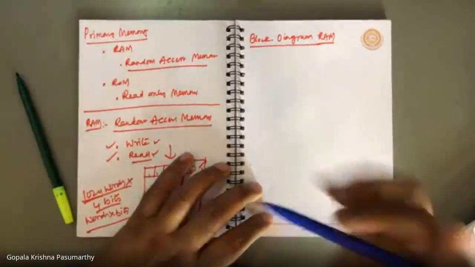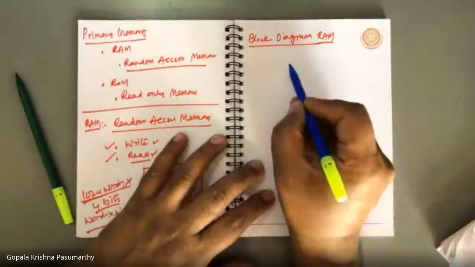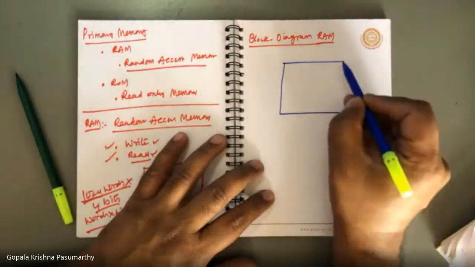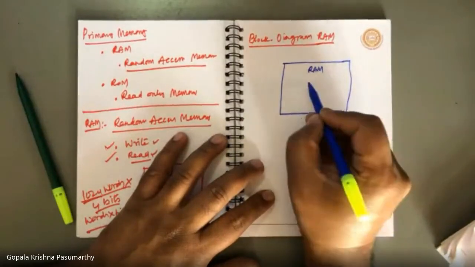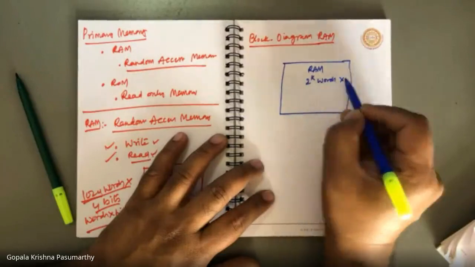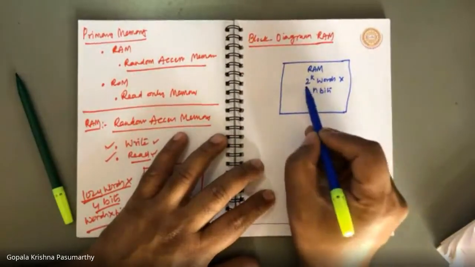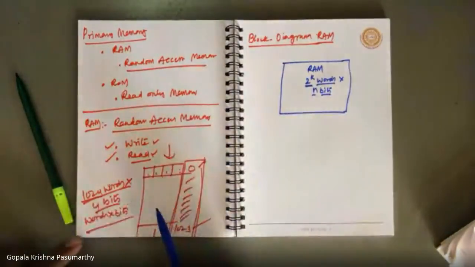Okay, how does block diagram of RAM look like? The block diagram of RAM can be explained by this. For example, I am having a random access memory RAM. The size of the memory is 2 to the power of k words by n bits each. Means there are 2 to the power of k words, and the size of each word is n bits.